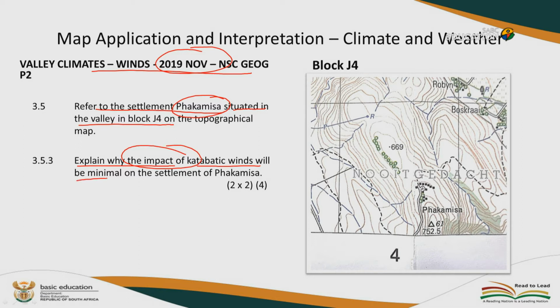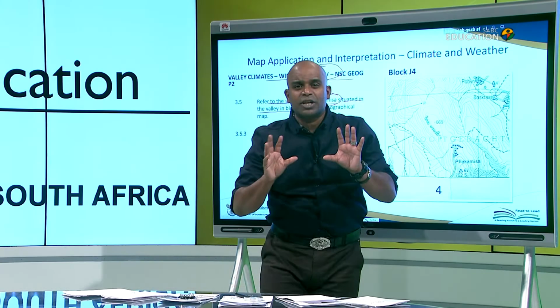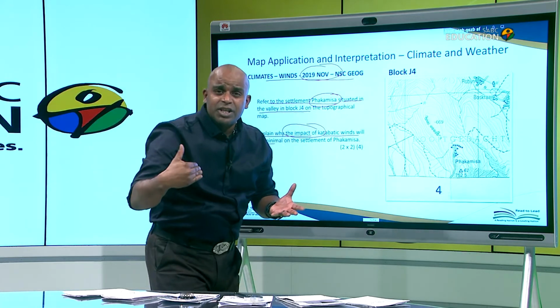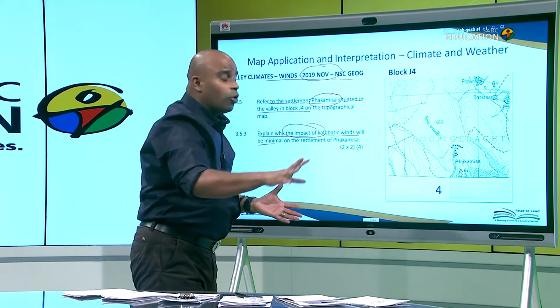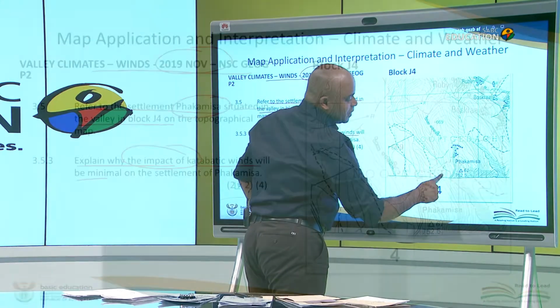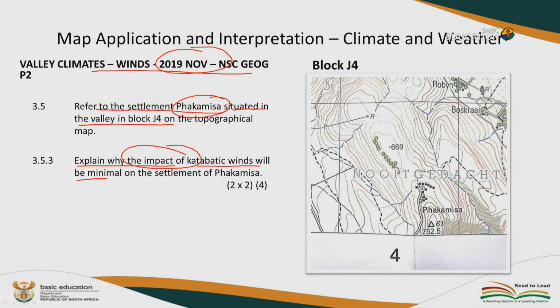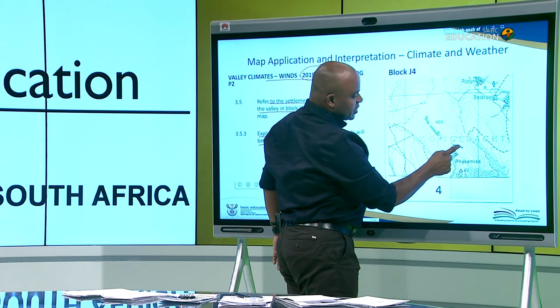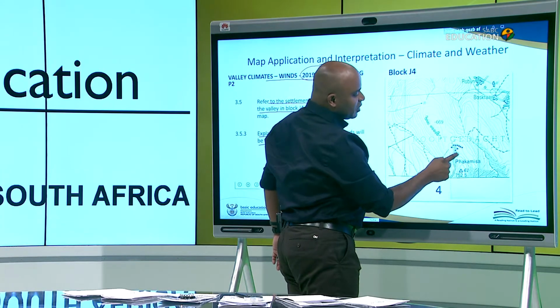Now, focusing on Pakamisa in this particular map, you should be able to find its location. And the location is given in the question as J4. So when we're looking at J4, here's our settlement, Pakamisa. And in Pakamisa, the following is applicable. Why the impact is less. Notice Pakamisa in this particular example is located in the middle of the slope.